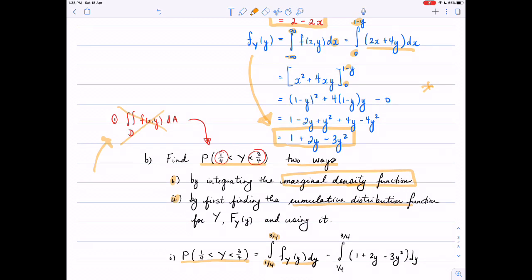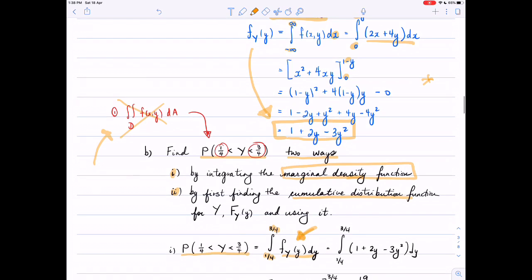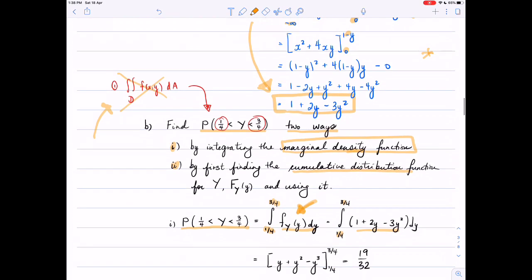And so you do the exact same thing here with the marginal density. The marginal density acts exactly like a single variable density function for y. So you have, here was our marginal density, here are our bounds, integrate, plug in the bounds, and you get 19 over 32.